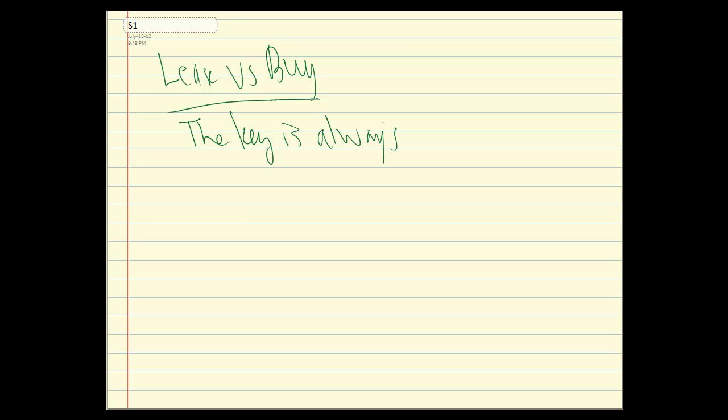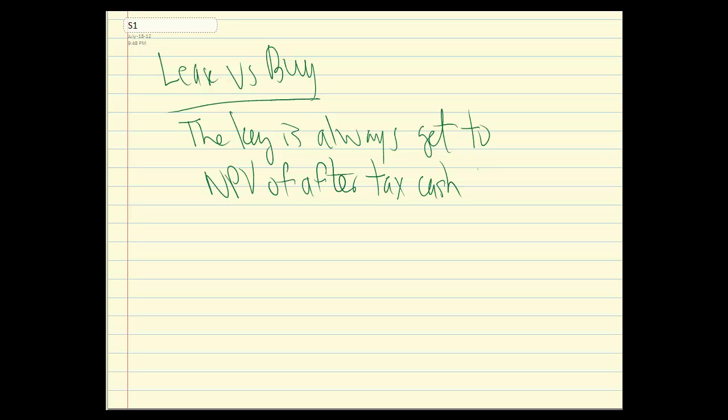So it's lease versus buy. The key is always get to net present value of after-tax cash flows for all alternatives.